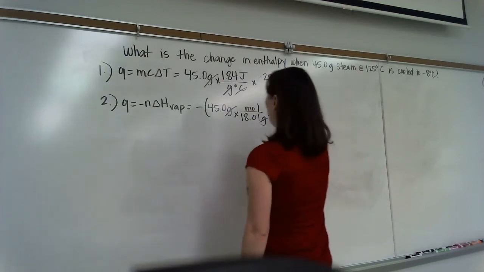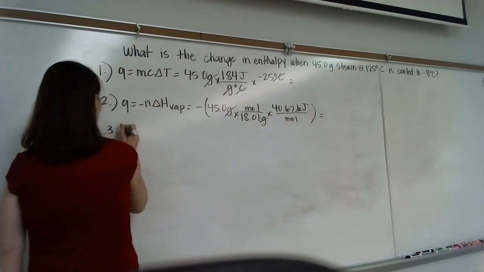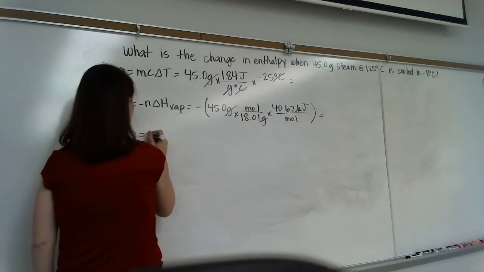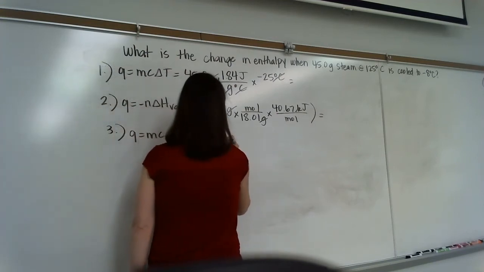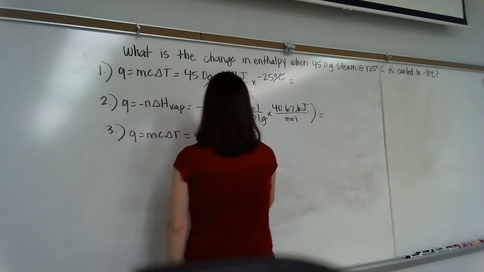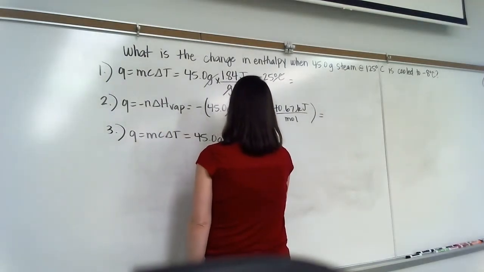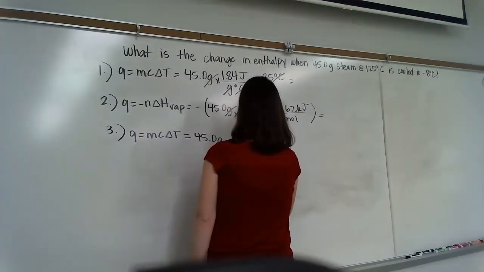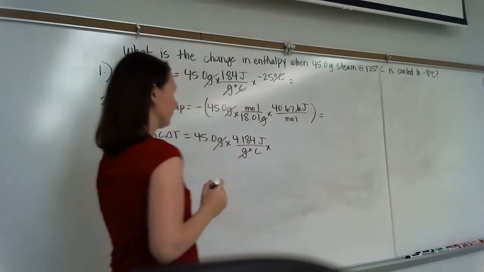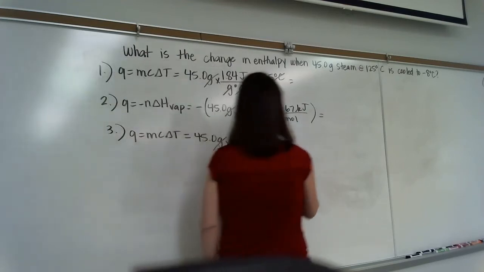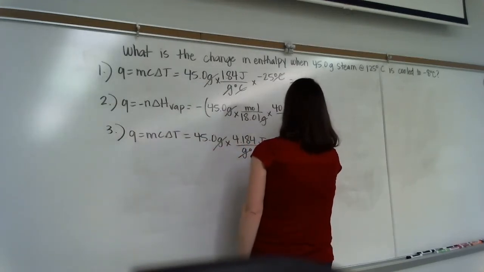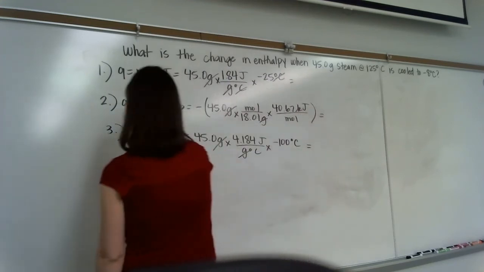Then for calculation number 3, Q equals MC delta T. So that's 45 grams times the heat capacity of liquid water, 4.184 joules per gram degrees Celsius. My delta T here is what? We're going from 100 to 0, so 0 minus 100 is negative 100.